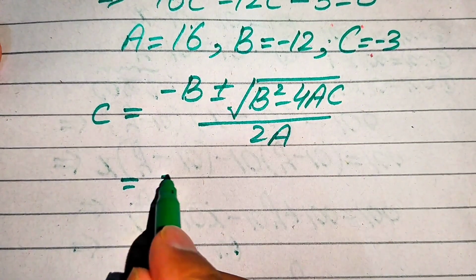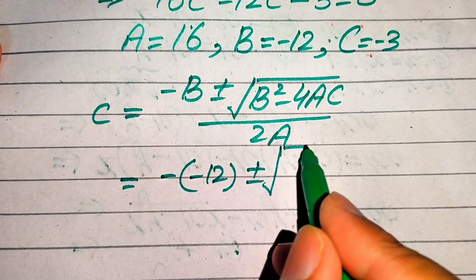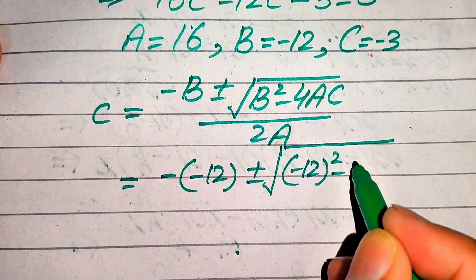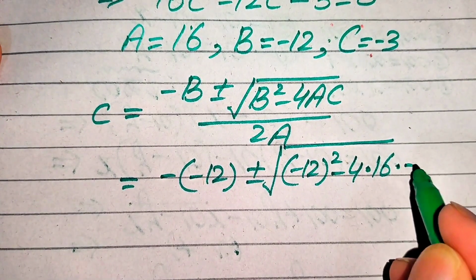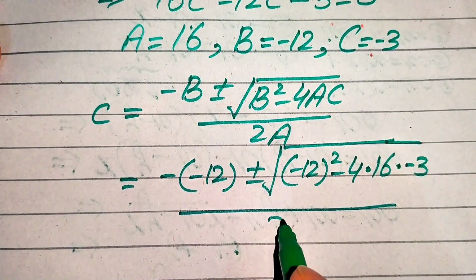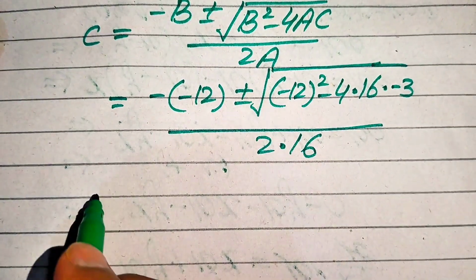So when we put it here, it will become minus times minus 12 plus minus square root of B squared. B is minus 12 squared minus 4 times A, which is 16, and C is minus 3, and it is divided by 2 times A, and here our A is equal to 16.